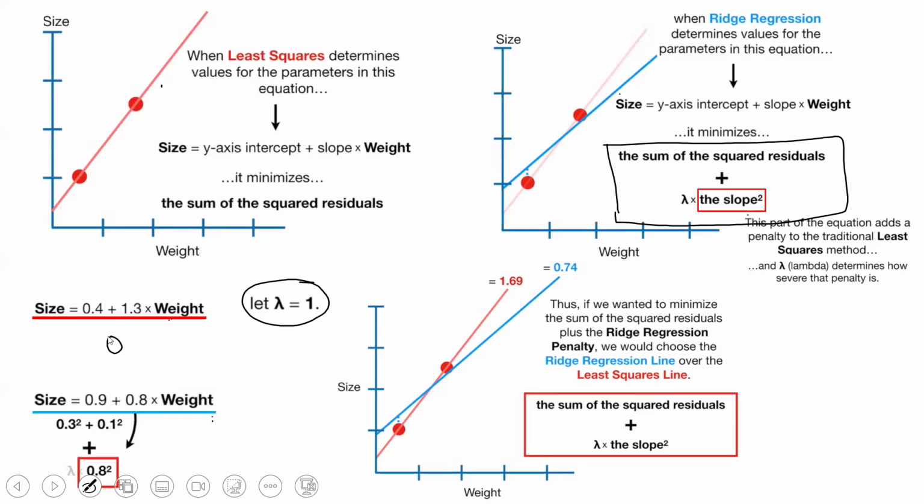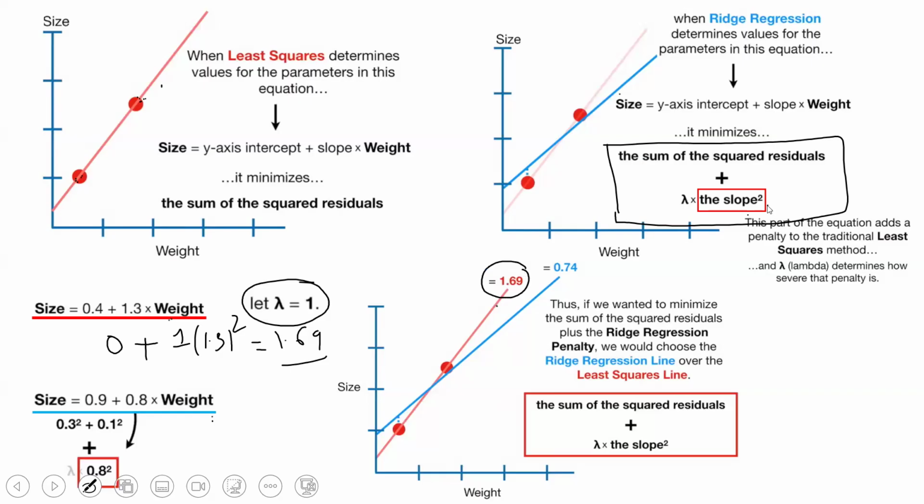It is 0, because the predicted value is exactly the same as the actual value, as the points lie on the line. So the sum of squared residuals is 0 plus lambda times slope squared, that is 1.3 squared. The total comes to 1.69. So the objective function value for this line is 1.69.